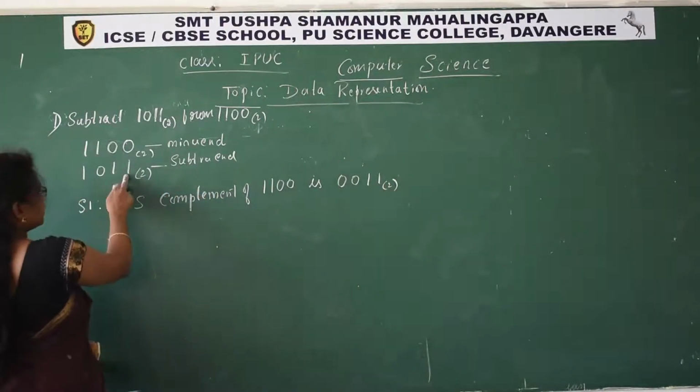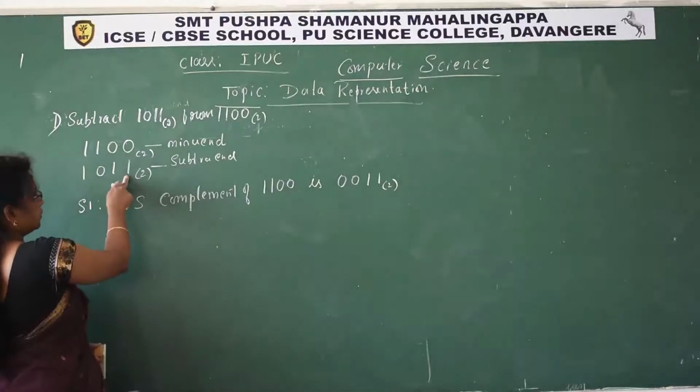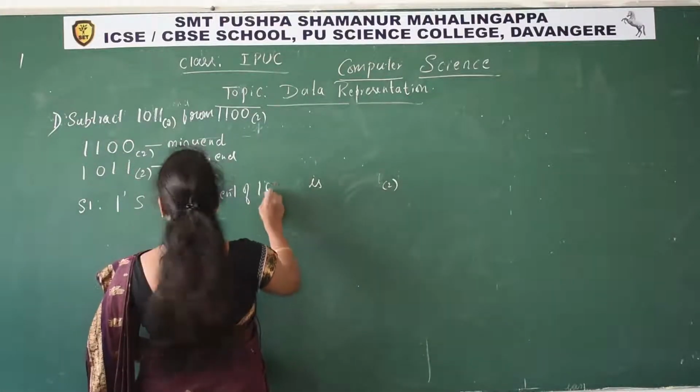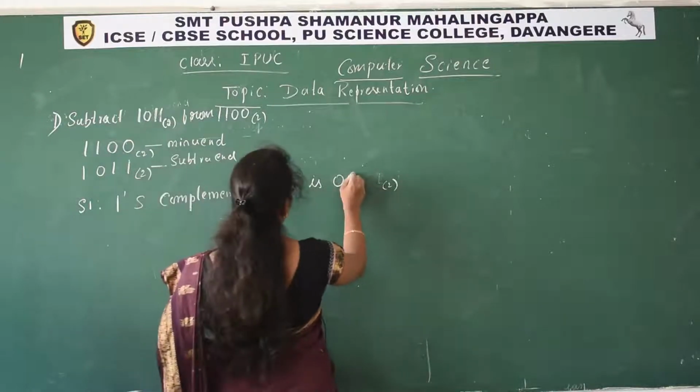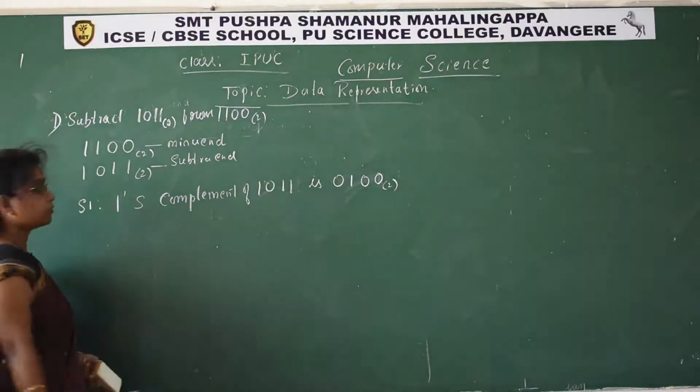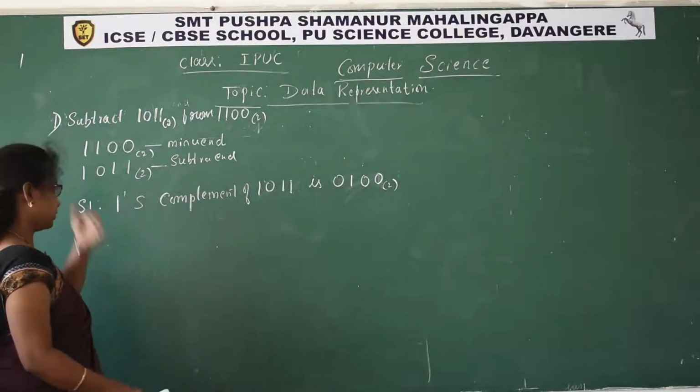So this is the subtrahend. I had written minuend, sorry. So we have to take the one's complement of the subtrahend.